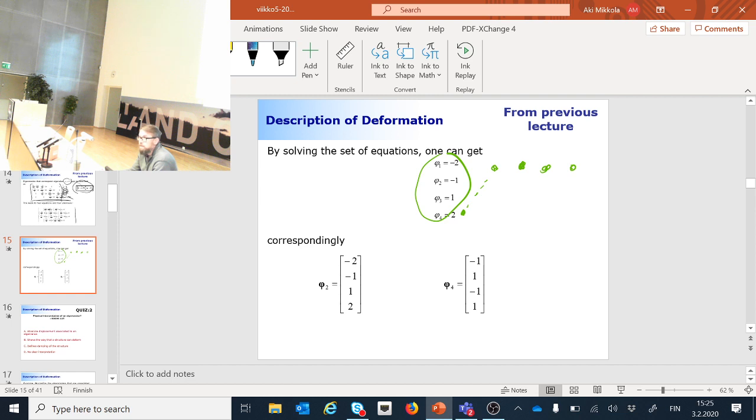Then the second one is moving in the same negative direction, but not as much. The third one is moving a little bit in this direction, and this one here is moving a lot in this direction. So this is the deformation mode. I don't know what that is called, but it's this. You got it?